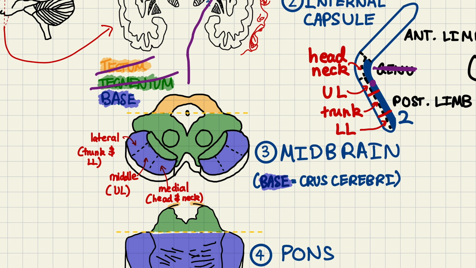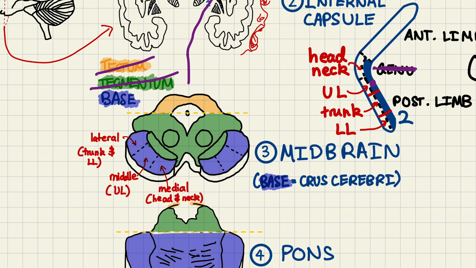Specifically, I can divide the cerebral peduncles, or the crus cerebri, or the base, whatever you want to call it, into three segments: a lateral segment, a middle segment, and a medial segment. The lateral segment is going to contain fibers that represent my trunk and my lower limb. The middle segment is going to represent my upper limb, and the medial segment is going to represent my head and my neck. And what tract is that? That is going to be my corticobulbar tract, so we will not worry about that today.